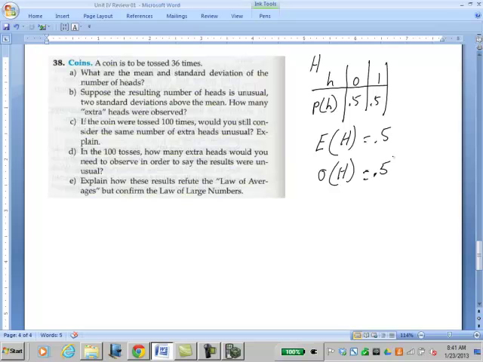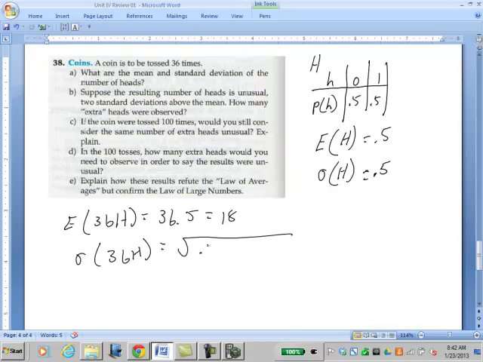Now, I'm tossing it 36 times. So what's the expected value for 36 heads? It's going to equal 36 times 0.5, which is 18. No mystery there. What's the standard deviation for 36 heads? It's going to equal the square root of 0.5 squared times 36, which equals 0.5 times 6, which equals 3.